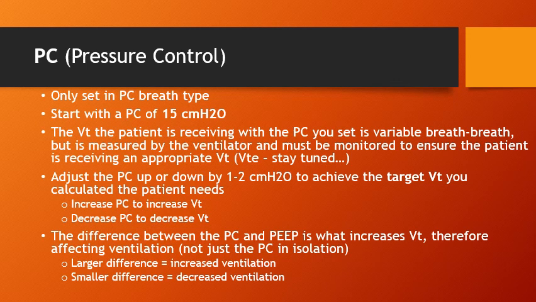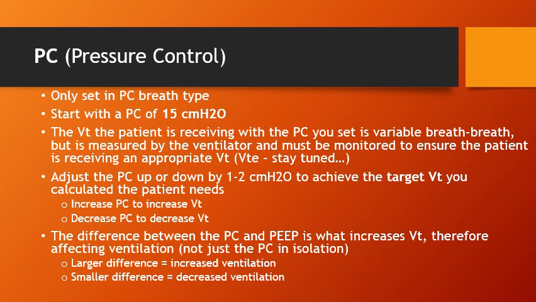Now, like I said, the ventilator will measure the tidal volume that the patient's actually receiving with the set pressure control that we inputted, and the reading that it's going to give us is called a VTE, and we'll talk a lot more about that in section 3. But for right now, just know that the ventilator does measure the tidal volume that the patient's receiving in pressure control breath type, and it gives it to us as a VTE. And we have to monitor that VTE to make sure that our patient's getting the appropriate tidal volume. So basically, we're making sure that we're meeting our targeted tidal volume that we calculated for the patient.